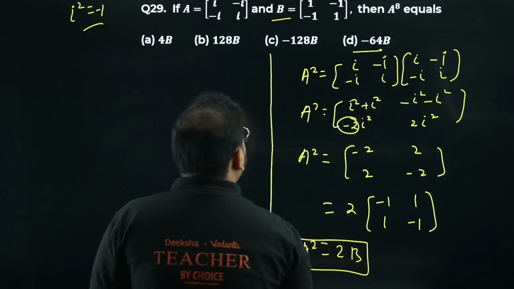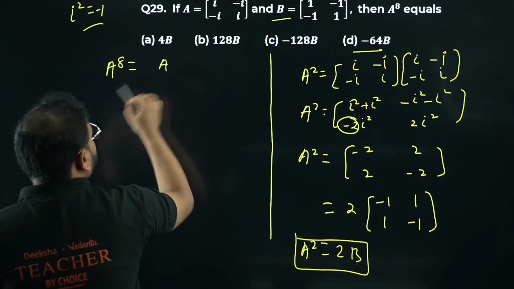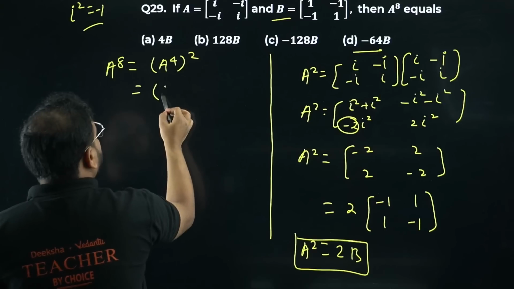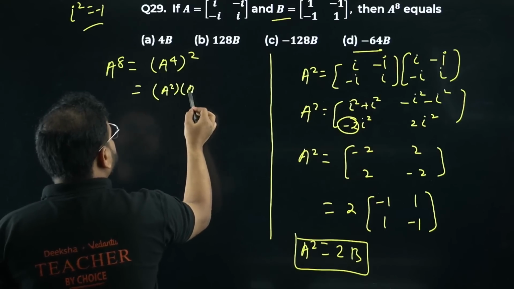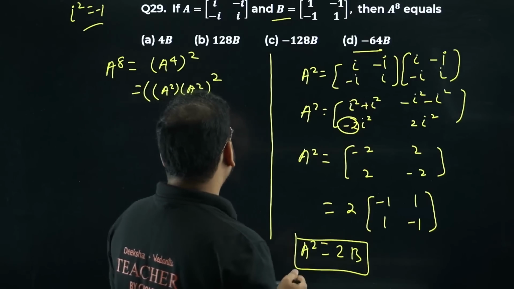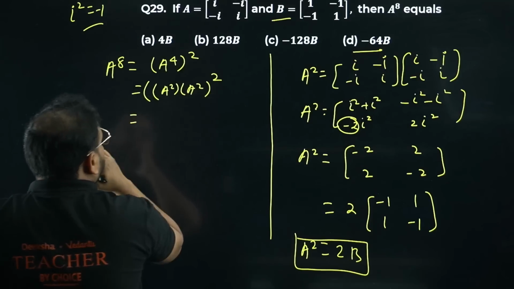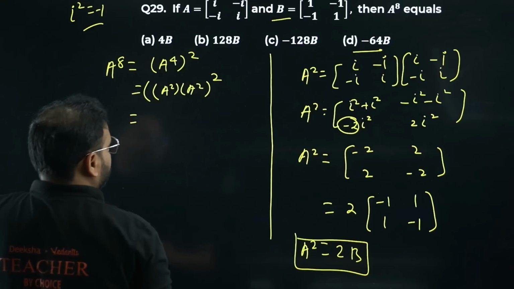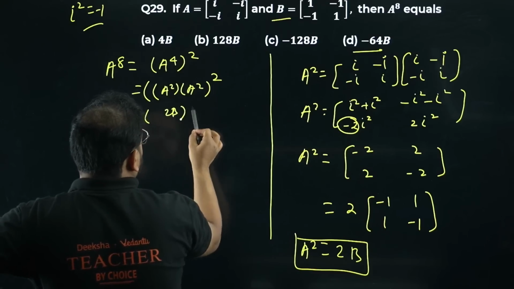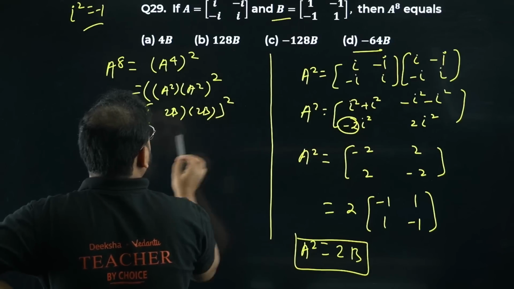Now have a look. I need the value of A power 8. So write this as A power 4 the whole square. So write this as A square into A square, the power 2. It becomes 2B and 2B, whole square.